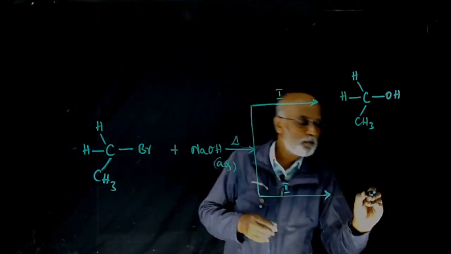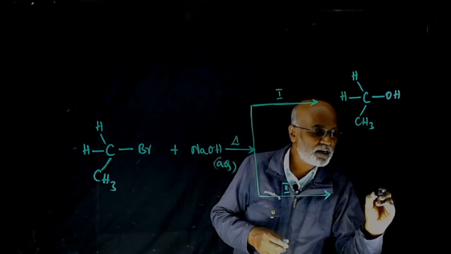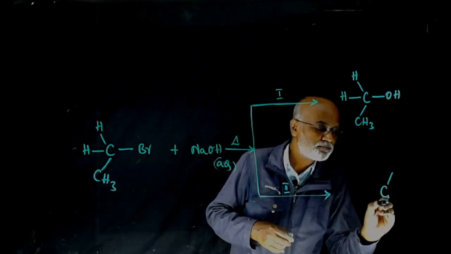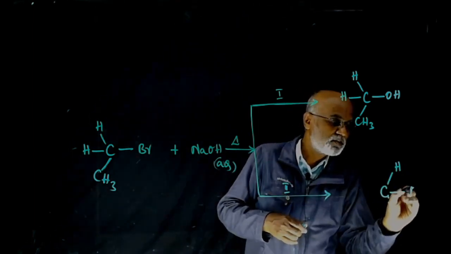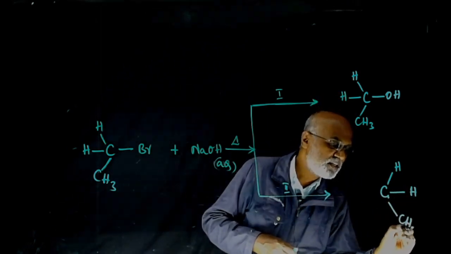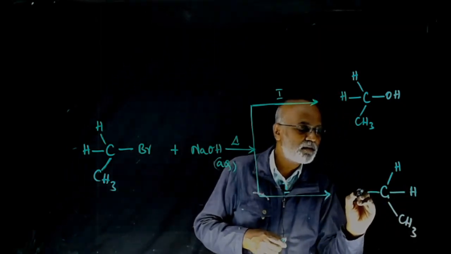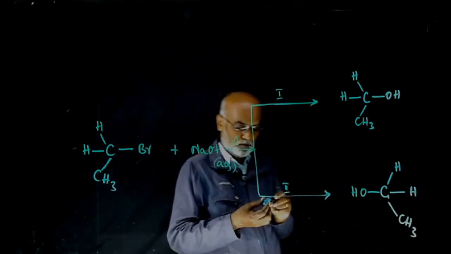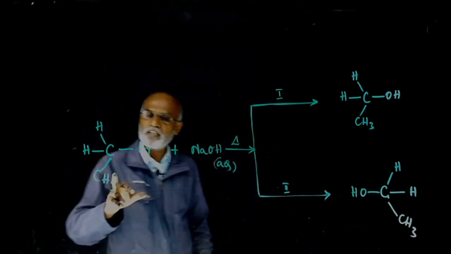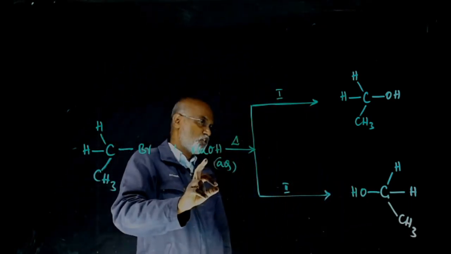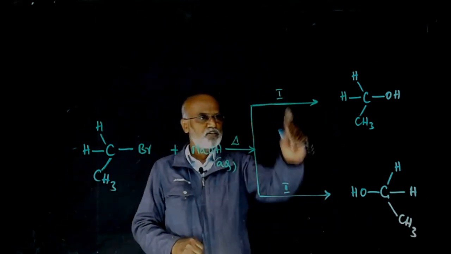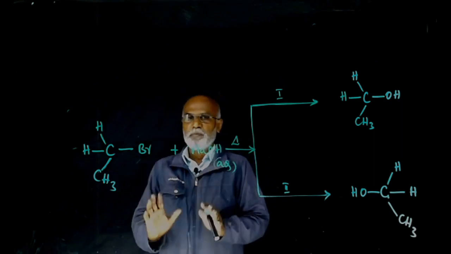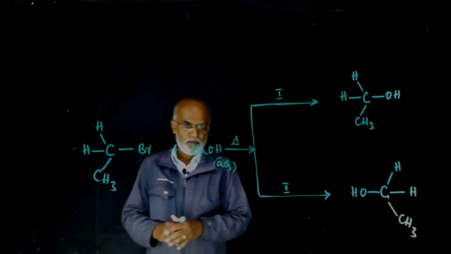And it is also possible to get another product. This is OH, this is H, and this is CH3, and this is the H. This is structure 2. So when ethyl bromide is warmed with aqueous NaOH to get ethyl alcohol, it is possible to get product structure 1 and structure 2. Let me take them one by one.